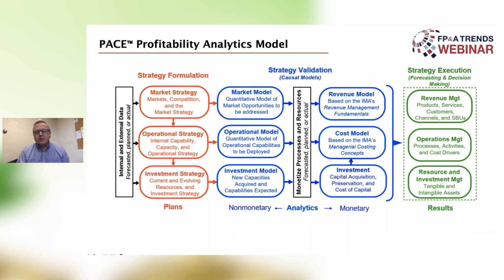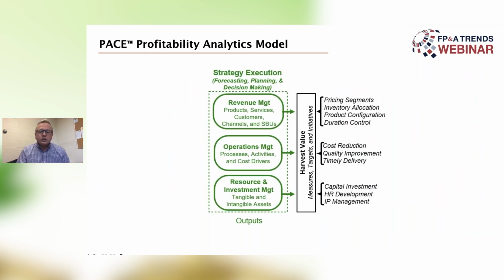Finally, and I've run out of room on this slide, so on the next slide, you're going to see strategy execution. Stay there. And I've got one more step, and that step is the harvesting. As we harvest the value, tracking on revenue management and capturing value through the way we price and allocate inventory and services and configure the product and control our availability of our service or product, cost reductions, quality improvements, timely delivery of our operations, the way we are tracking on capital investments, our HR development values, our IP management.